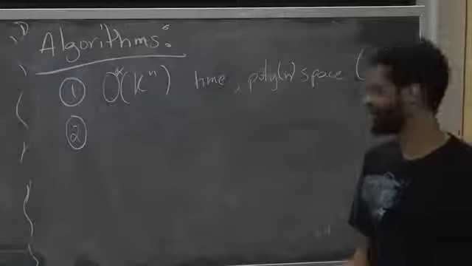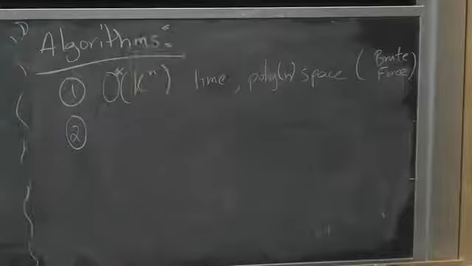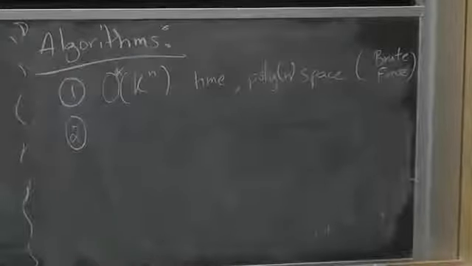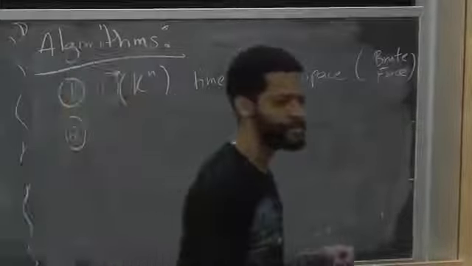Dynamic programming. Yeah, we've seen that so much today. So does anyone know what time you would get out of dynamic programming? I'll tell you what the dynamic program is.